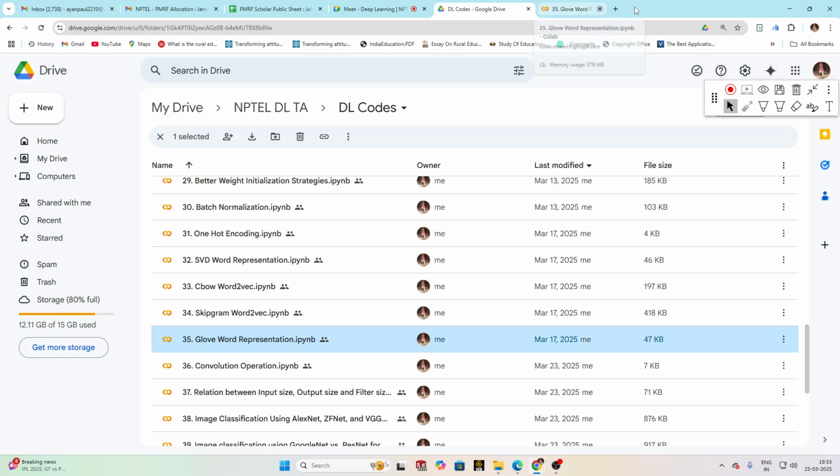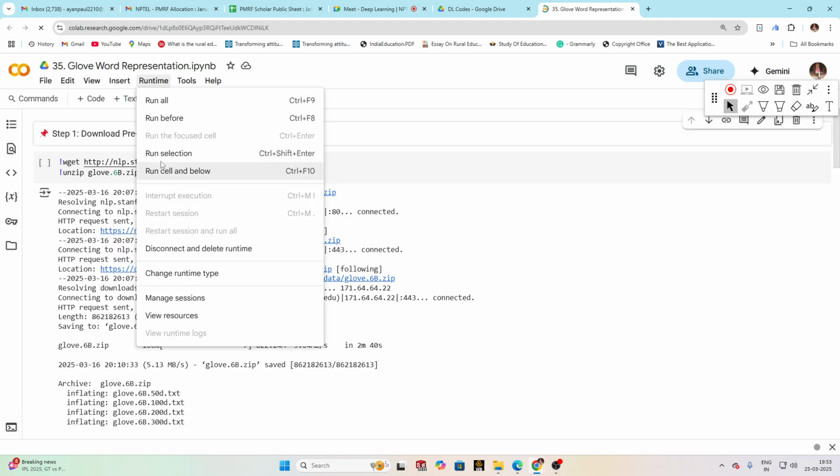These are all the codes I have given. You just copy the code to your drive and run it. Another thing: Google Colab gives you many options to run your code. One option is to open the runtime and change the runtime.